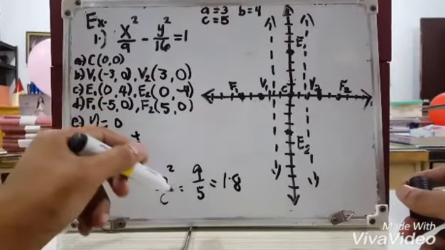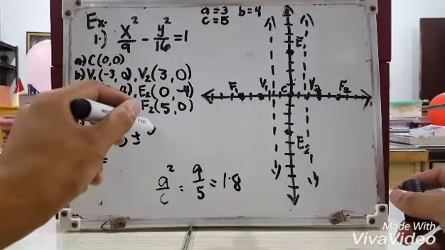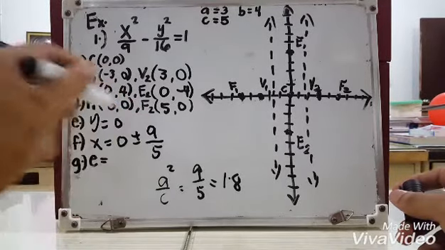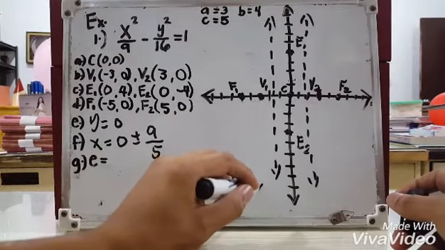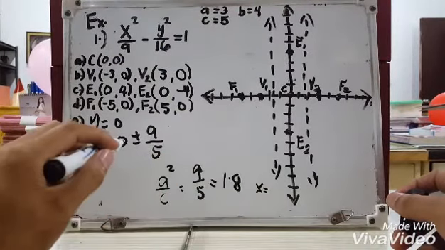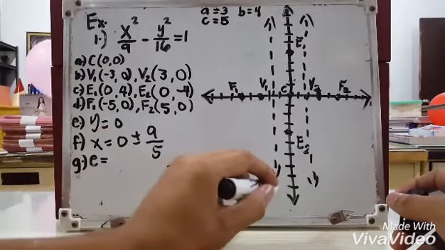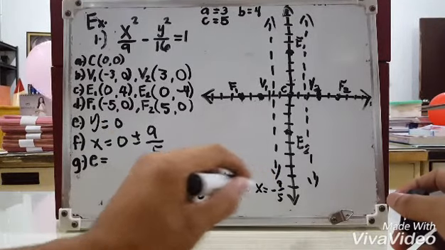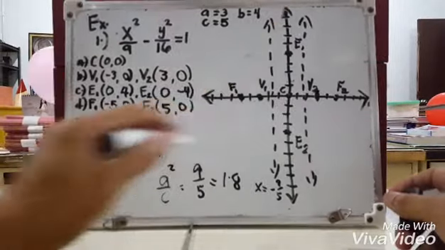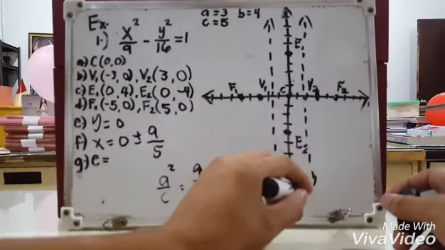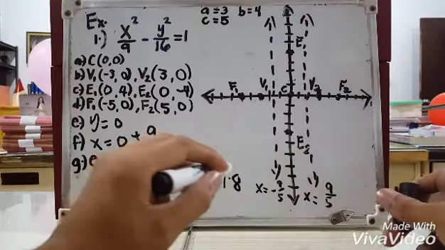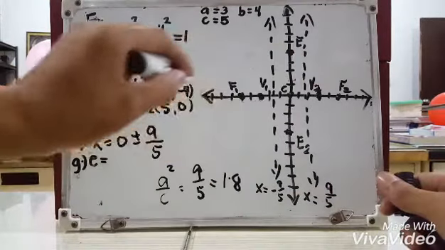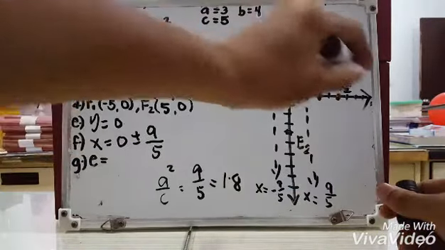So plus minus a squared over c, which is 9 over 5. Therefore the first one, this is now the equation x equal to negative 9 over 5, and this one, the right side, is positive, so x equal to positive 9 over 5. By the way, I forgot to write the equation of the line of the transverse axis, y equal to 0 here.